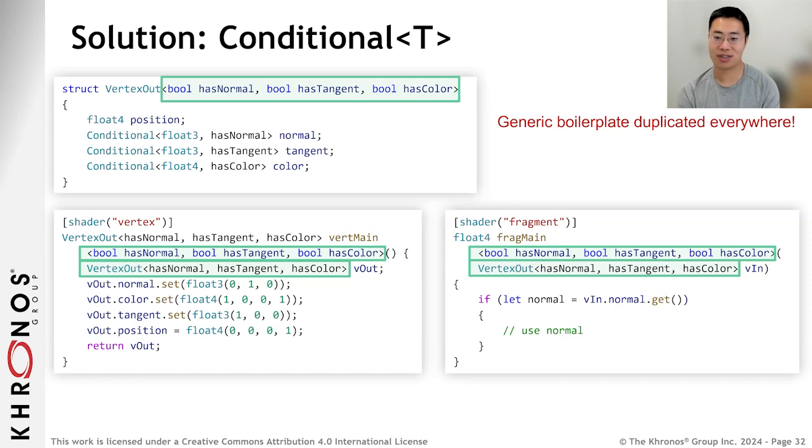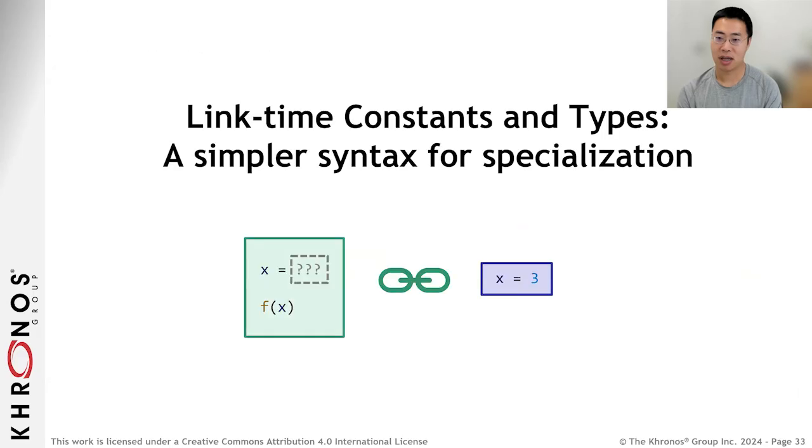So the next question is, can we still get all the benefits of this module compilation without having to write all this boilerplate? And that is the major motivation for the next Slang feature that I'm going to talk about: link time constants and types. This feature enables Slang specialization without requiring a lot of generic boilerplate.